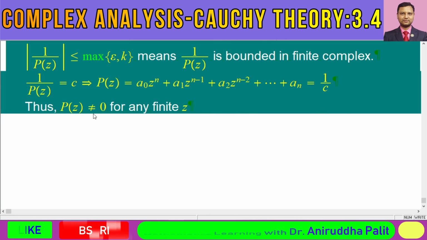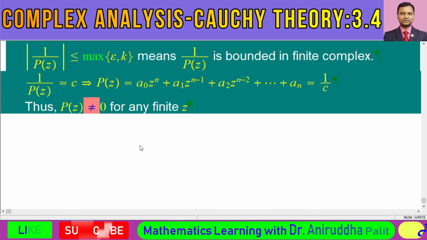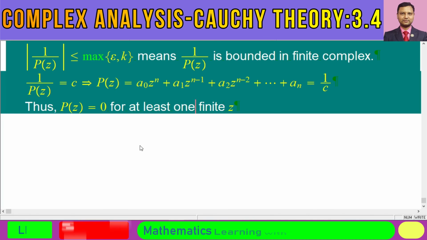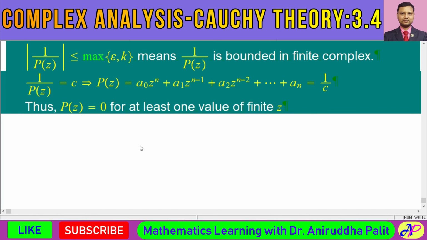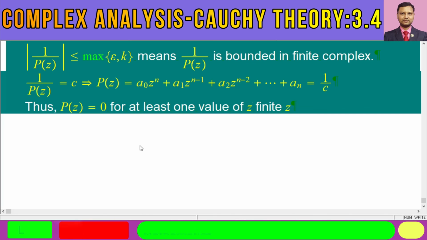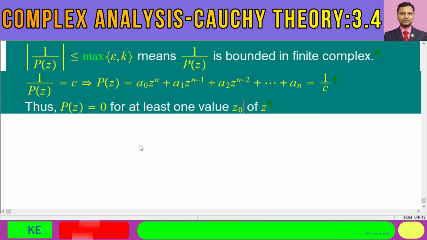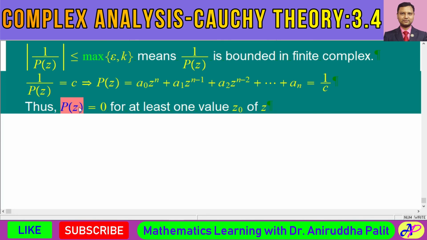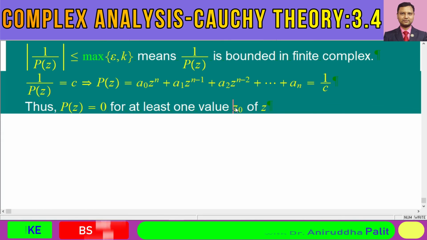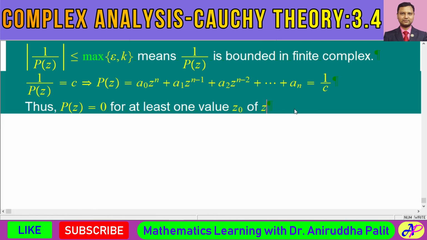If it is wrong that p of z is not equal to 0 for any z, then we must say that p of z must be equal to 0 for at least one value of z. And let us call such value maybe z0. p of z must be equal to 0 for at least one value z0 of the variable z.